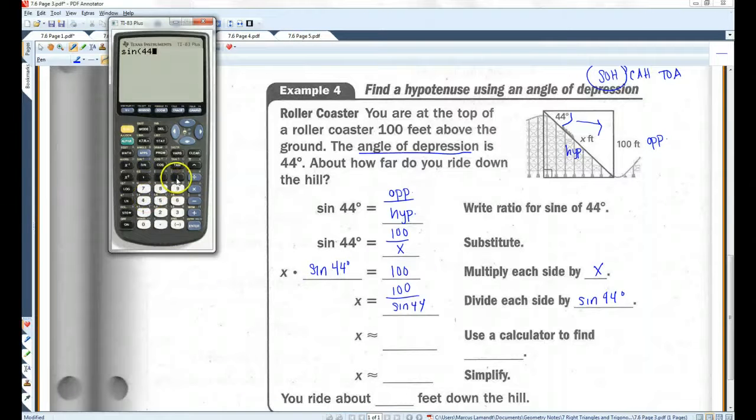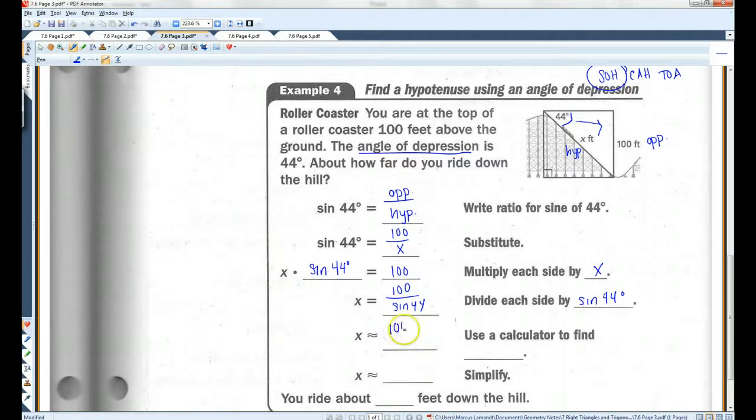Okay, so sine of 44 degrees, 0.6946, or 47 rather. And that is sine of 44 degrees.